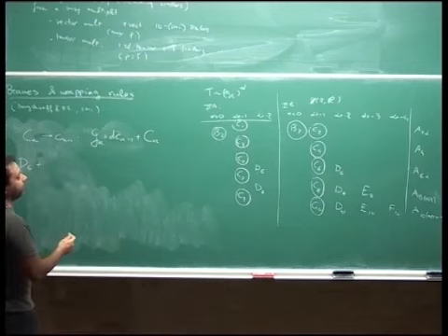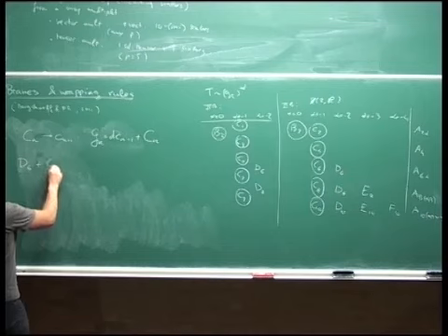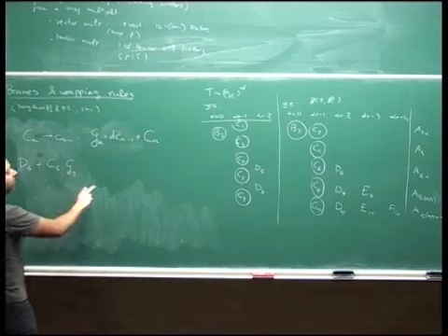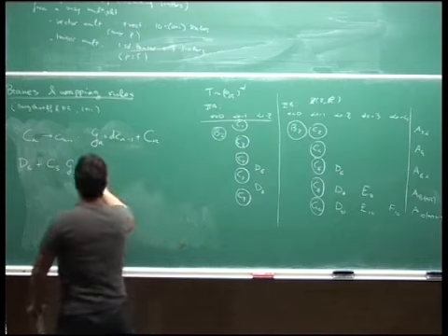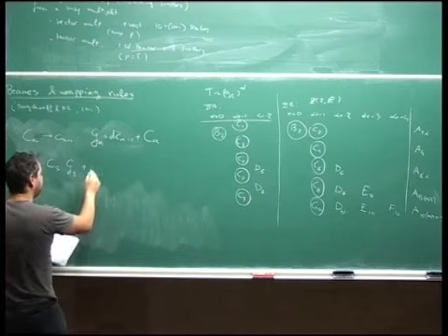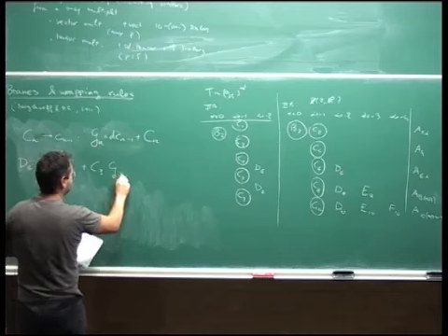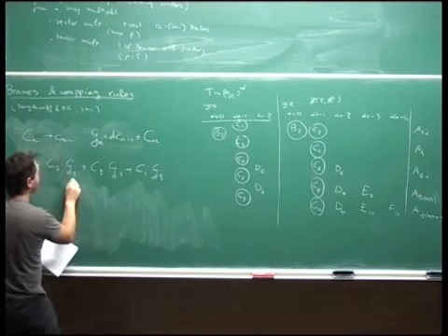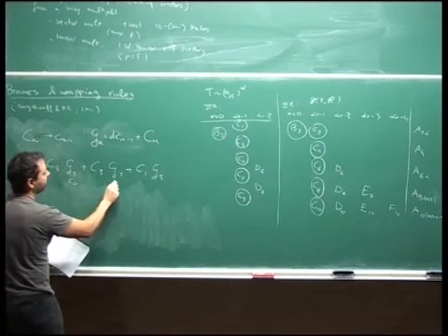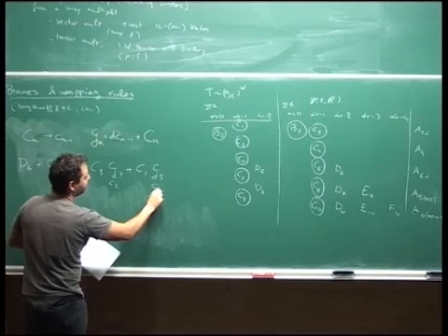So this will be a C5. There will be a C5 G1, where you see there is a G1 associated to C1, plus say a C3 G3 plus C1 G5. This corresponds to a worldvolume field C0, this to a worldvolume field C2, and this to a worldvolume field C4.